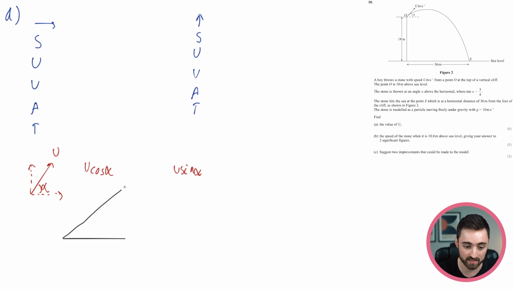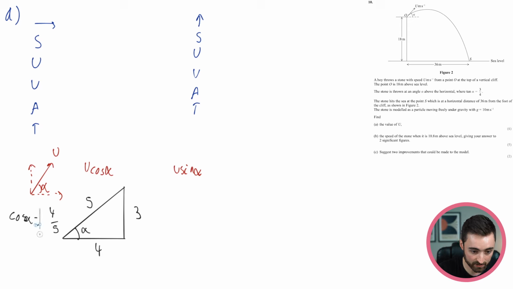So I'll do that quickly for you. We're told that tan alpha, as we always are, you should be very used to this by now, is equal to 3/4, so opposite over adjacent. Pythag gets that as 5, meaning that cos alpha, which is adjacent over hypotenuse, is going to equal 4/5.